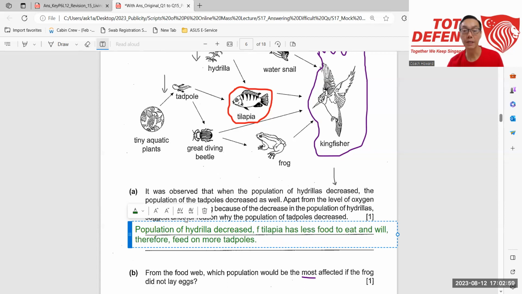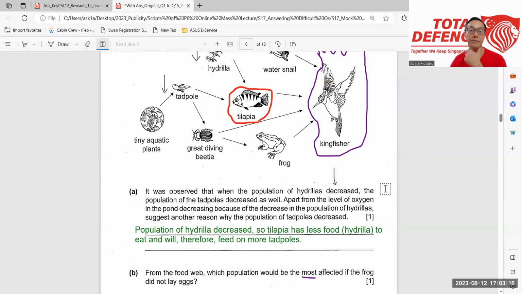So tilapia has less food, which is less hydrilla to feed on, and will therefore feed on more tadpoles.